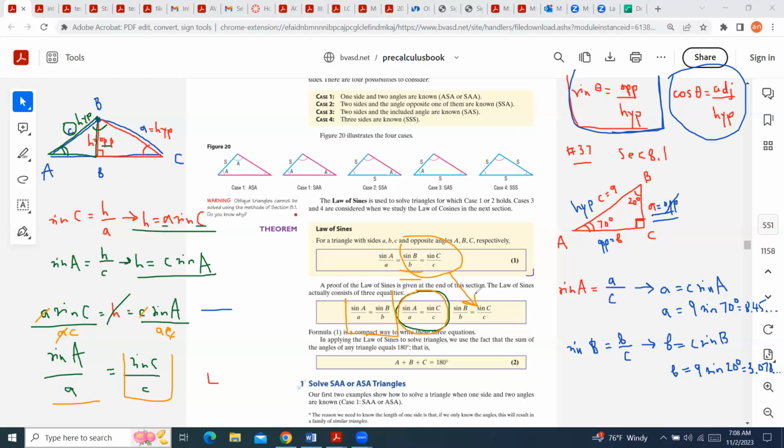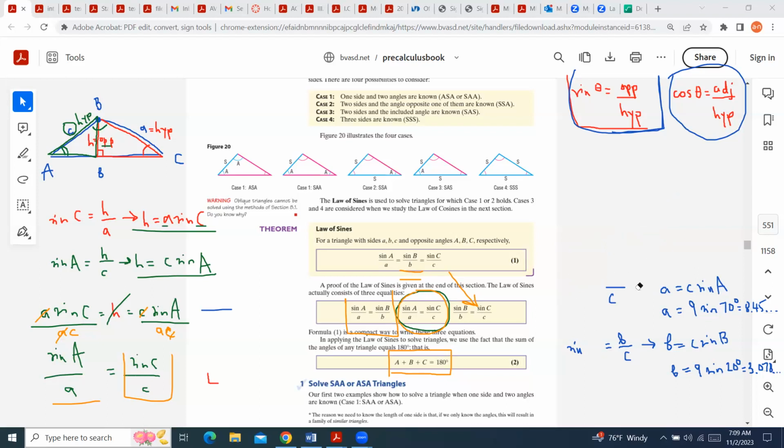And of course, here's our old favorite statement that the sum of all three angles, no matter what triangle you work with, is equal to 180 degrees. So please notice this is all coming from the definition of sine as opposite over hypotenuse. I didn't use cosine.